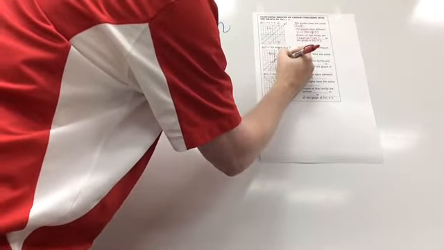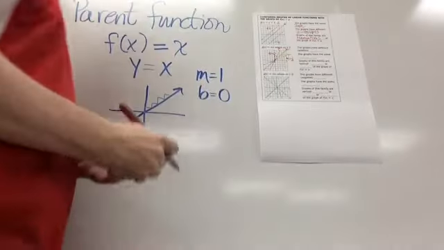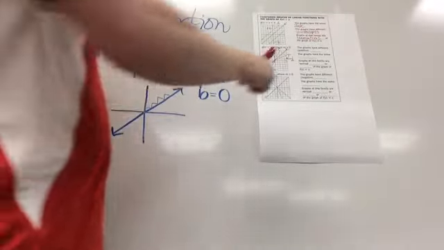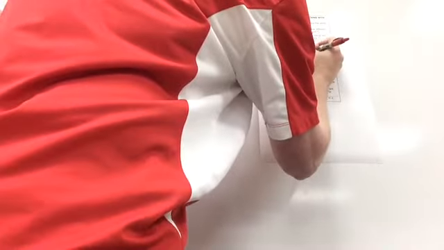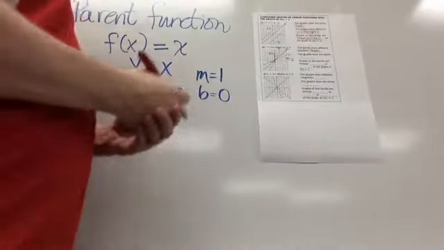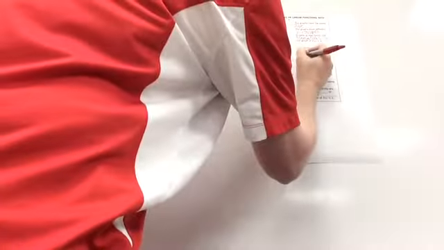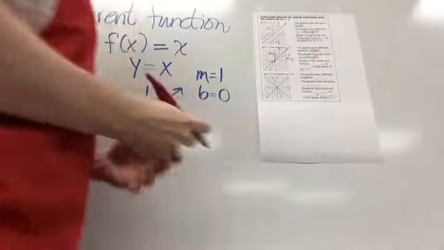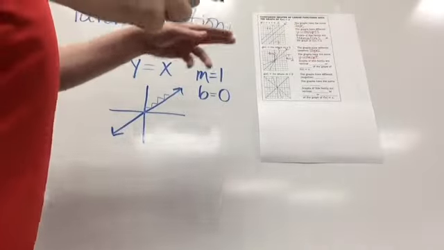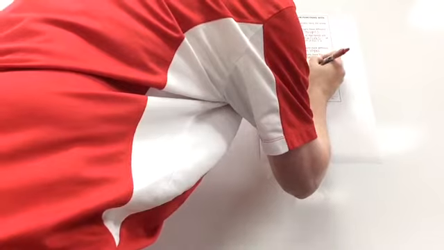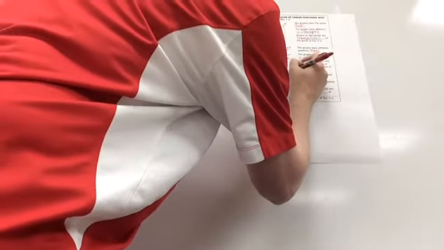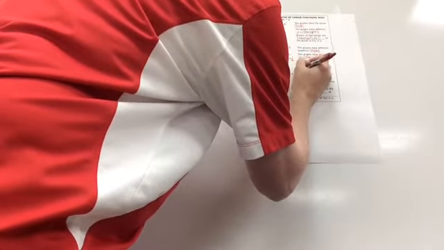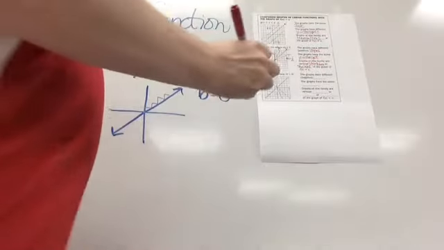So for T, m equals 1/2. Now, the graphs have different slopes, but they have the same y-intercept. Graphs of this family are vertical stretches or shrinks of the graph f of x.